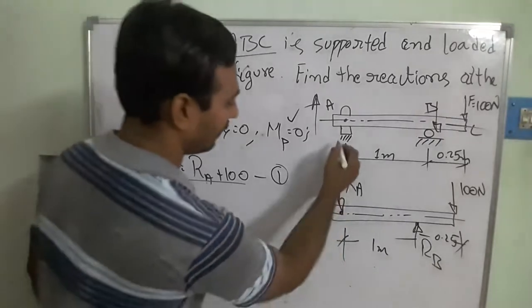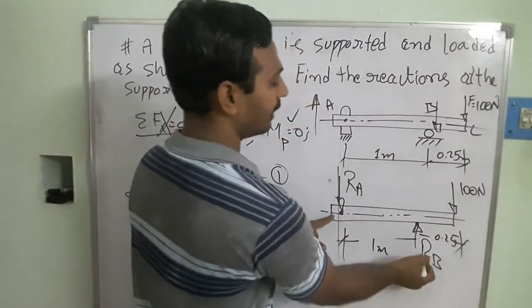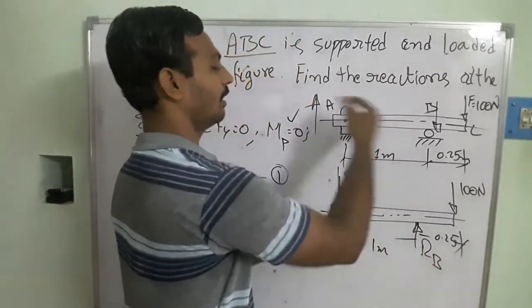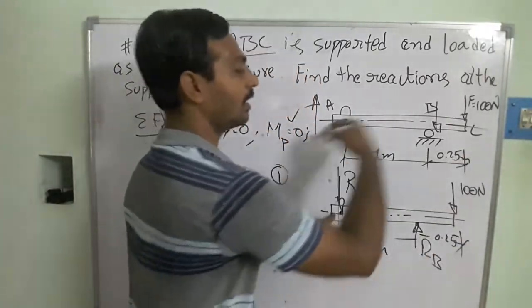So when I consider this part, we understand that RB is moving in the counterclockwise direction, and this 1000 is moving in the clockwise direction.